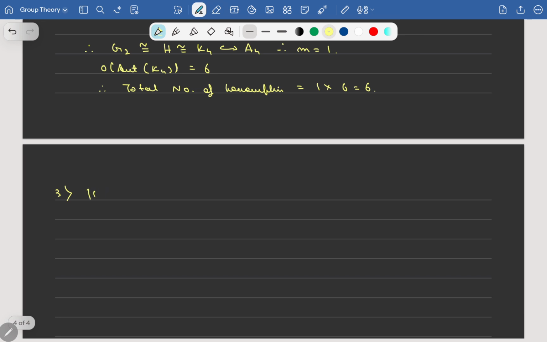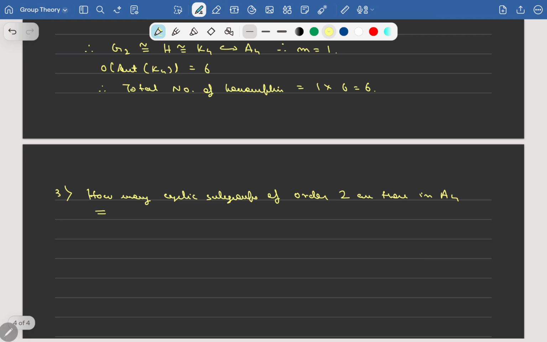So how many cyclic subgroups of order 2 are there in A4? This can actually be found in the following sense, and you can also generalize this: how many cyclic subgroups of order n are there in A4?